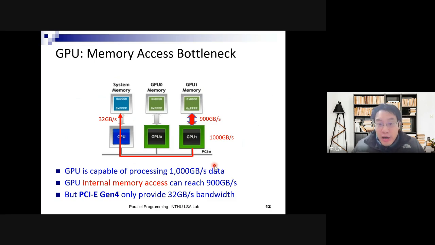But another problem, as we mentioned, is the data transfer bandwidth between the CPU and GPU. The traditional computer relies on the PCIe bus, which has existed forever, so the bandwidth it can provide is also quite limited.